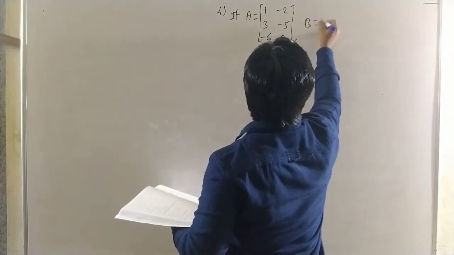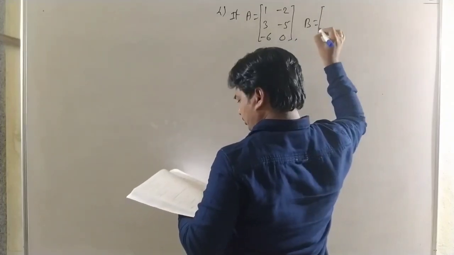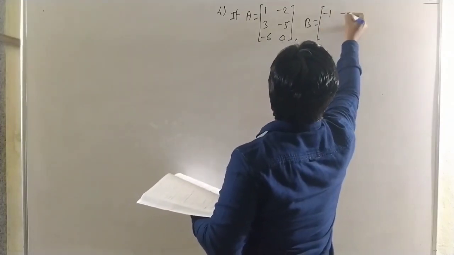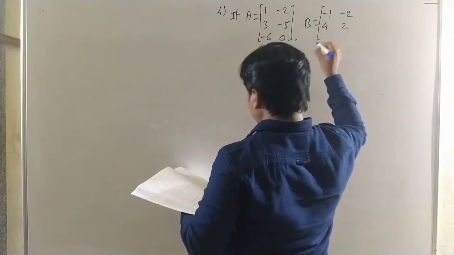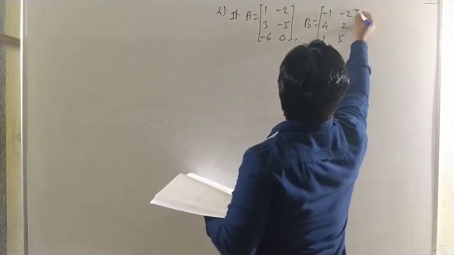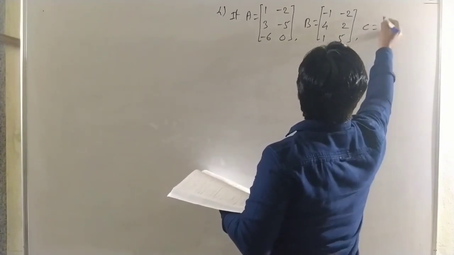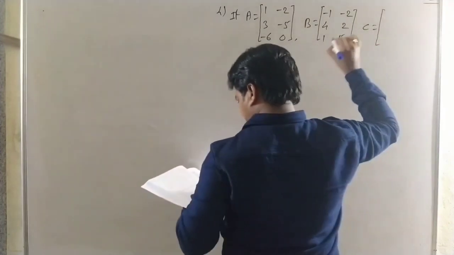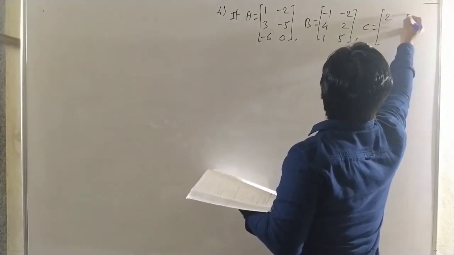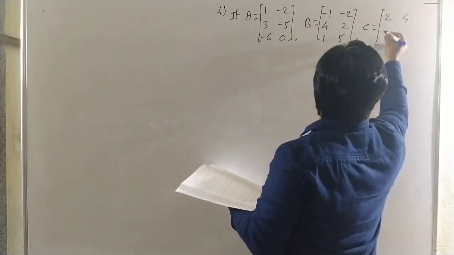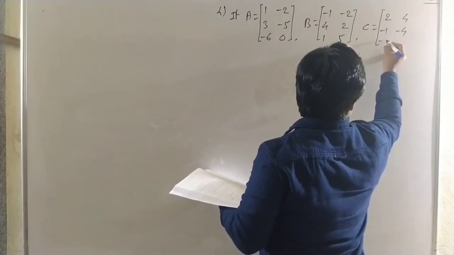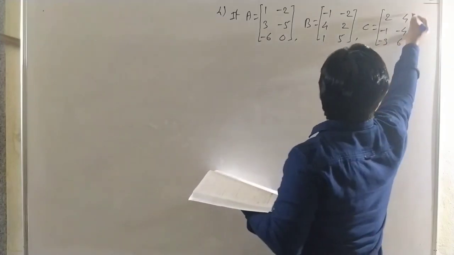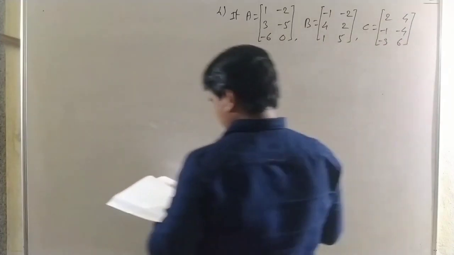B is minus 1 minus 2, 4 2, 1 5. C is 2 4, minus 1 minus 4, minus 3 and 6.